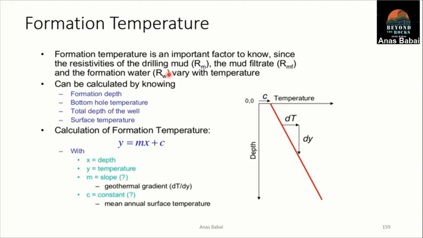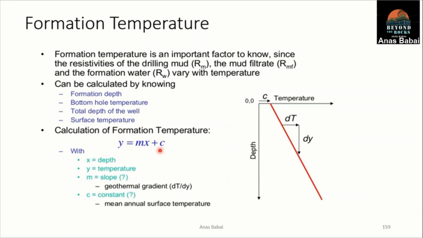To correct those resistivity values, we need to know the formation depth at which we are measuring this resistivity, the bottom hole temperature, the total depth of the well, and the surface temperature. And we apply this simple mathematical equation.